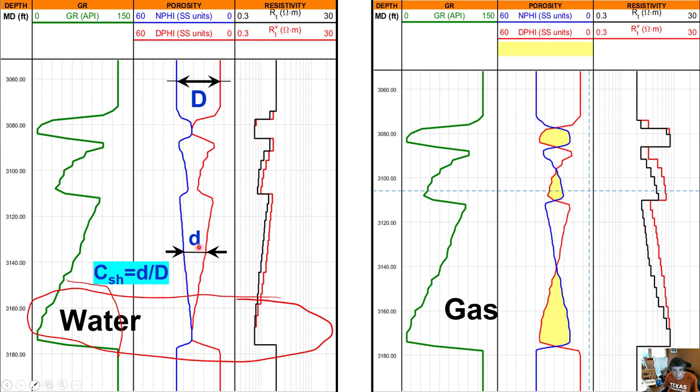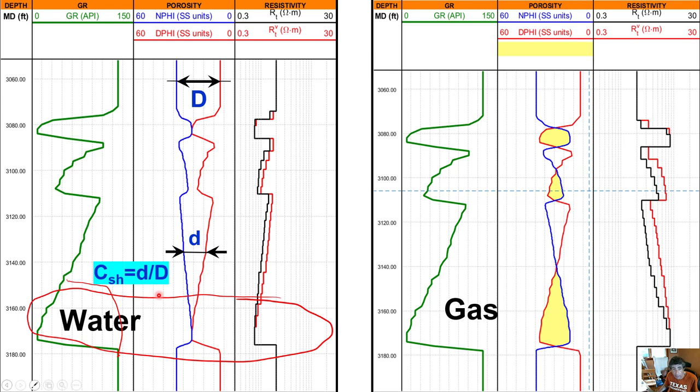What it means is that this lowercase d can go from 0 all the way to the top. You see how it goes from 0 when the gamma ray log is minimum, and it goes to a maximum close to the value of the shale when the gamma ray log increases to be similar to that of the shale. So we have that difference, and that ratio is one alternative way to calculate the volumetric concentration of shale, as I'm going to indicate.